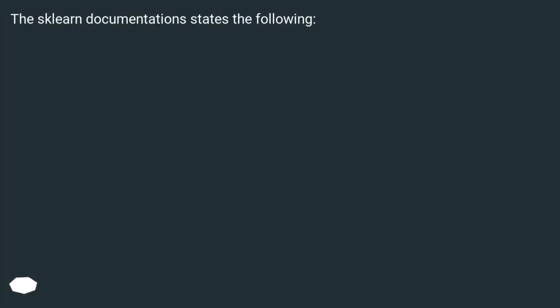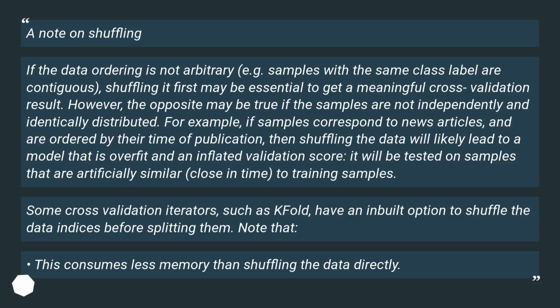The scikit-learn documentation states the following. A note on shuffling: if the data ordering is not arbitrary, for example samples with the same class label are contiguous, shuffling at first may be essential to get a meaningful cross-validation result.